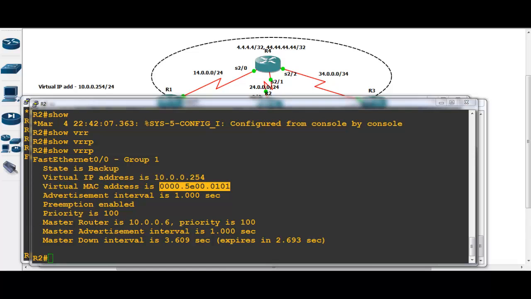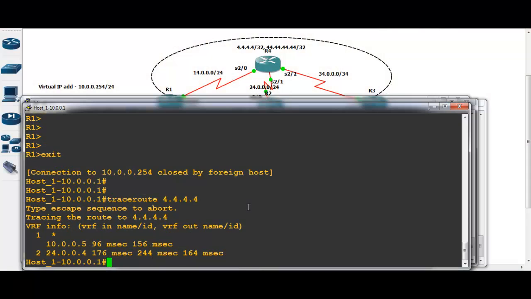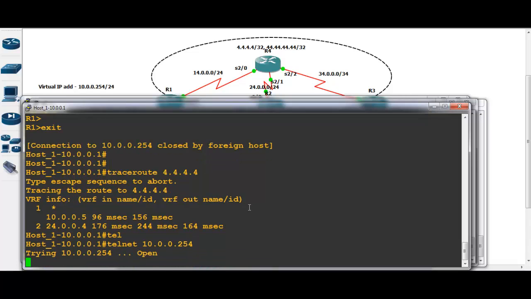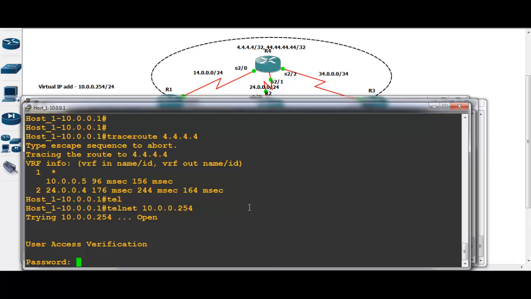Now let us verify. Go and telnet now. I should see the response coming from 10.0.0.254. So it should come from router 3. I'm saying Cisco 1, 2, 3.